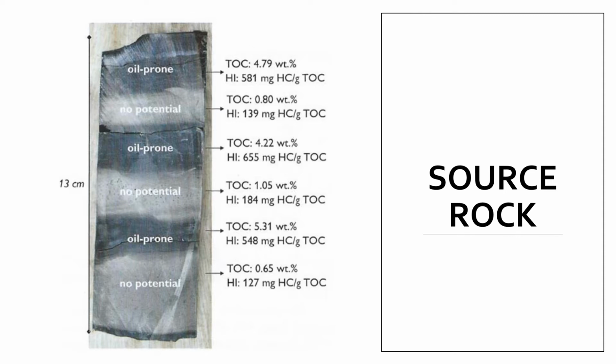Now, your oil prone rocks typically have a total organic content of more than 2% by weight organics, and they typically have a high hydrogen index, as you can see here, right?